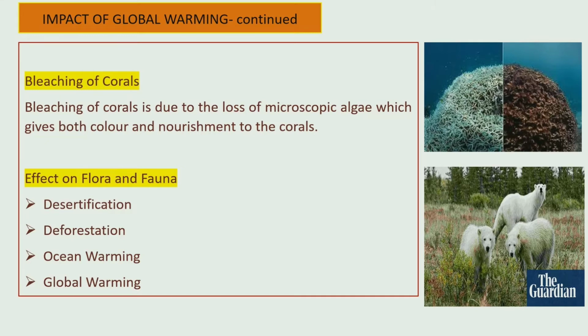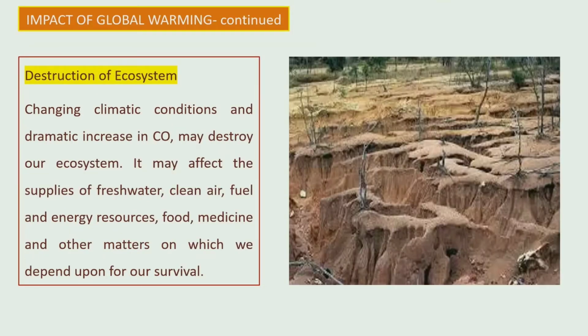Ocean warming and global warming. So these are a few human activities affecting the flora and fauna. They are the main reason that global warming is taking place, and that is affecting flora and fauna.